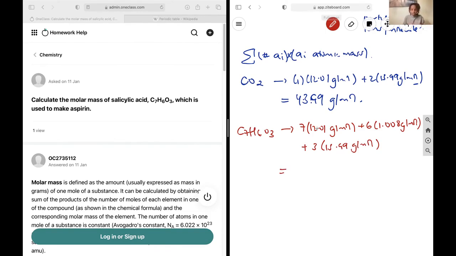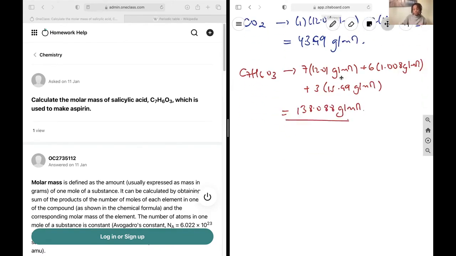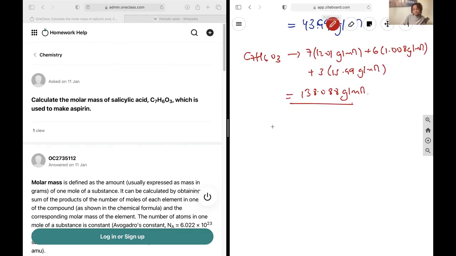And so for my answer, I will get 138.088 grams per mole.